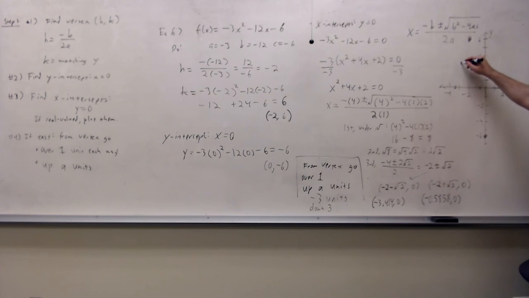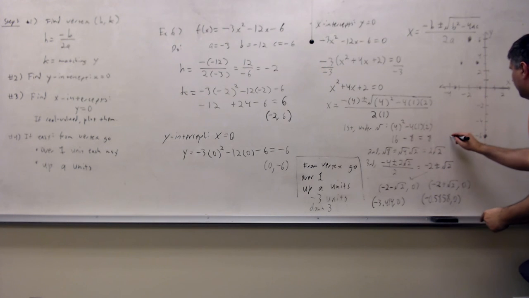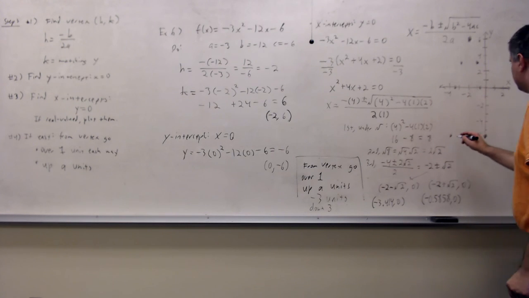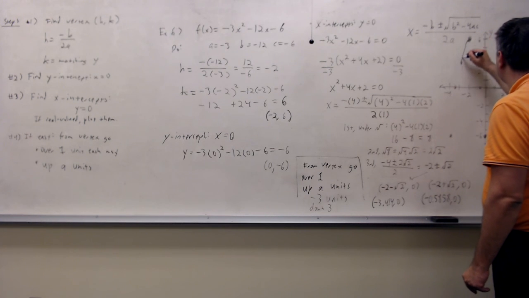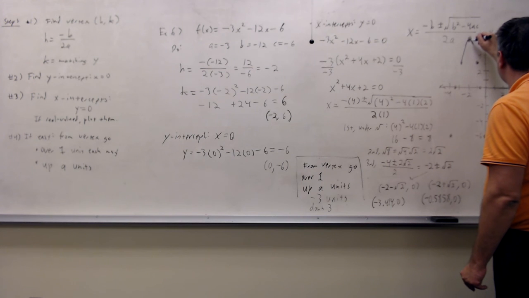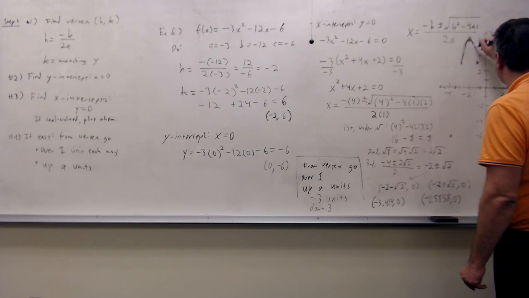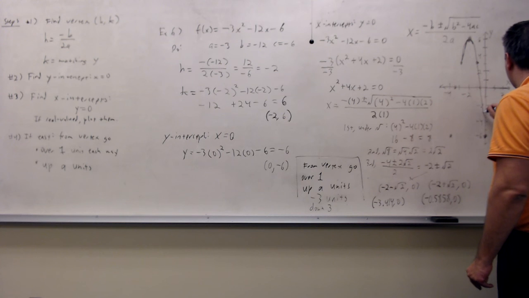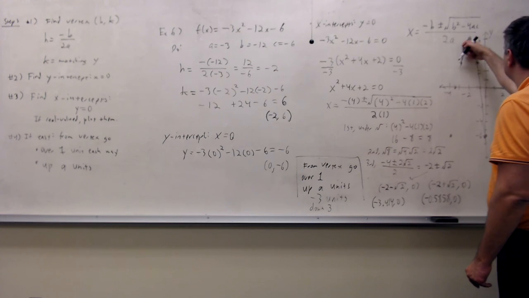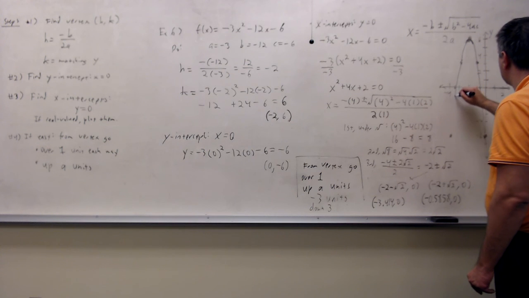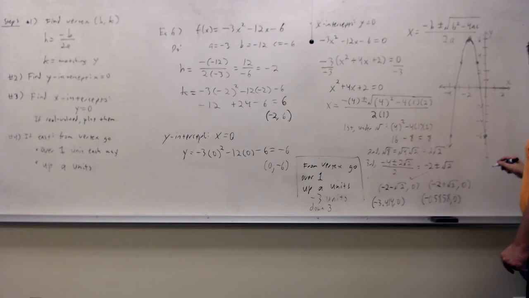Okay, I'm also going to find the counterpart to the y-intercept. So this was 2 over with a y-coordinate of negative 6. So I'll go the other way, 2 units, y-coordinate of negative 6. And then here's my curve.